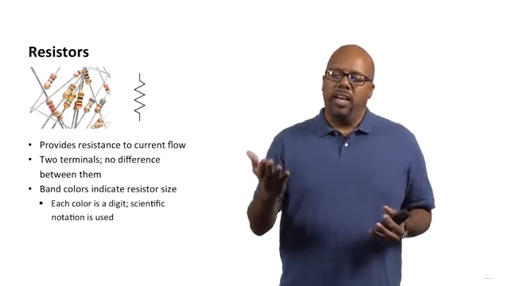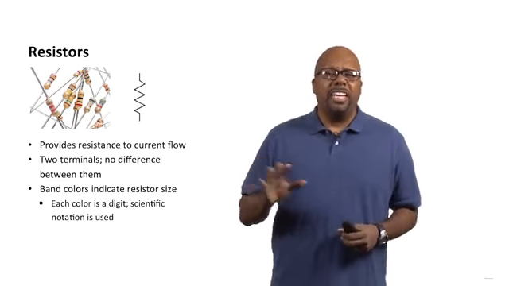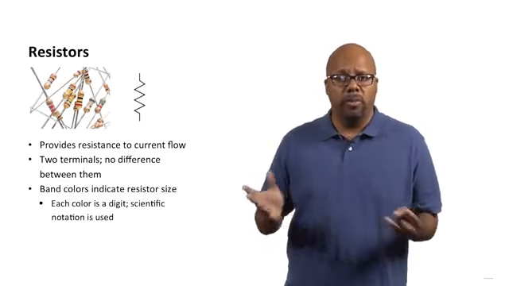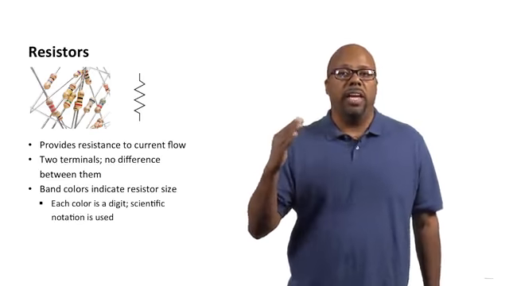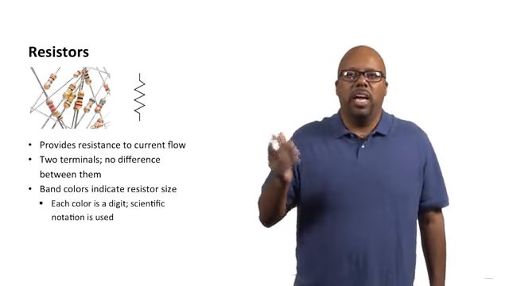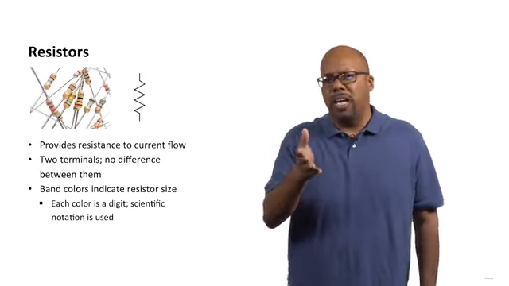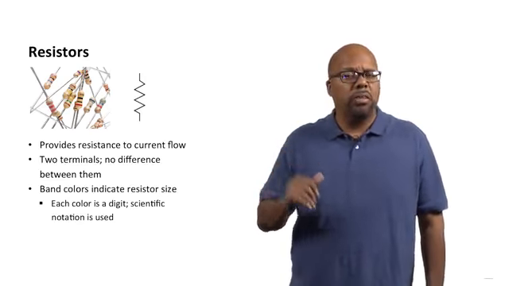If I say it's a 100 ohm resistor, it might not actually be exactly 100 ohms. It might be plus or minus 5% or plus or minus 10%. That plus or minus percent is represented in the last band. Typically, resistors that we have have a gold band as the last band, which I think is 5% plus or minus, and silver, I think, is 10%, something like that.